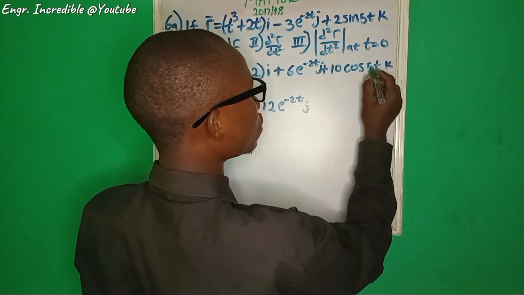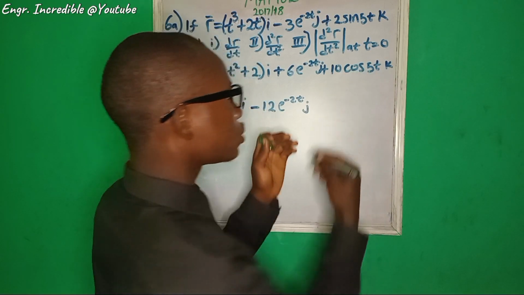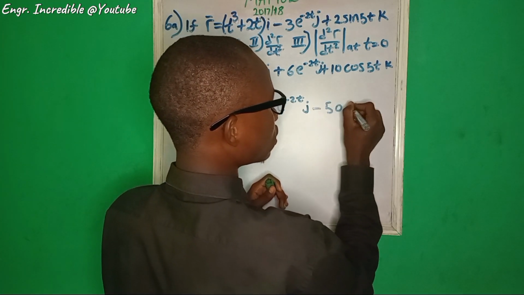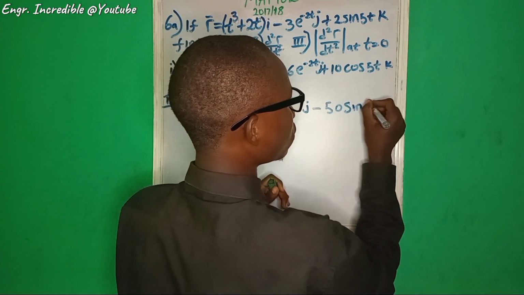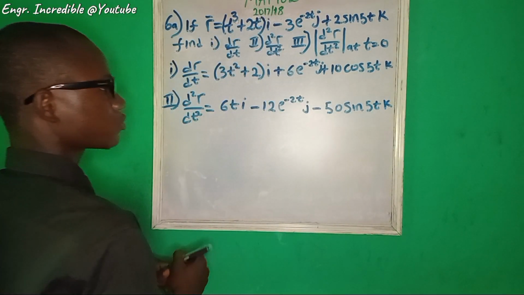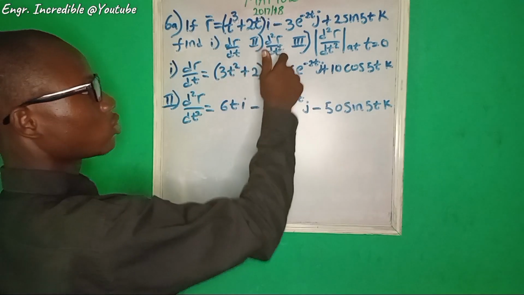Then 5 times 10, that is 50, but cos changing to sin is minus, so we have minus 50 sin 5t k. So now this is d squared r/dt squared for the second answer.